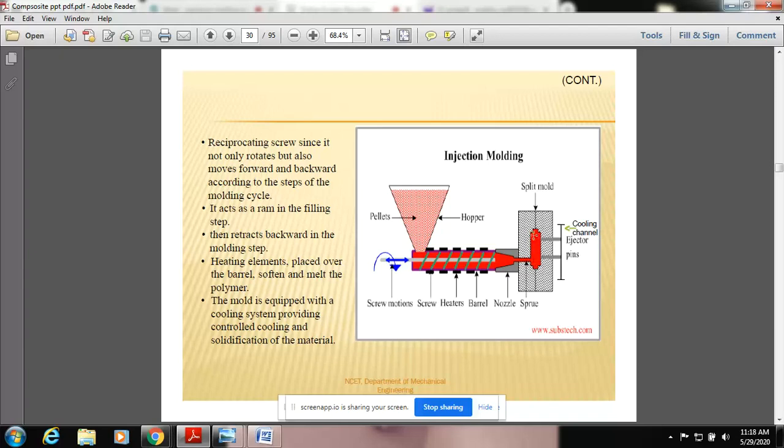The temperature of this resin should be low. Unless the temperature is reduced, it cannot be solidified, and unless it is solidified, we can't remove the composite material from the mold. So the surroundings have to be cooled by means of a cooling channel, using water or some other cooling medium, depending upon what kind of resin you are using. That was the function of the cooling channel.